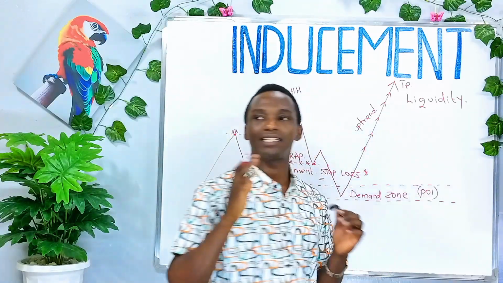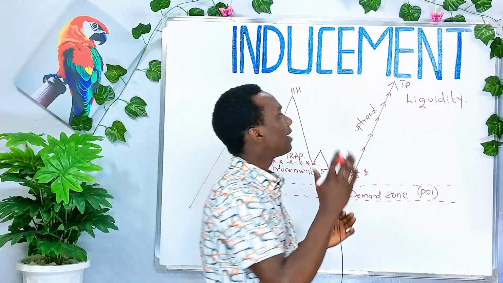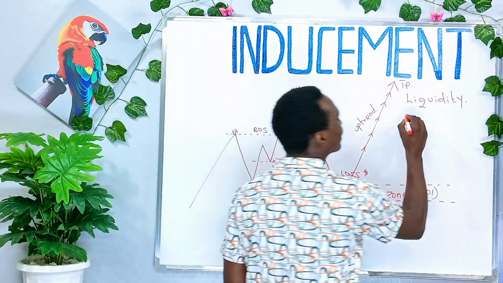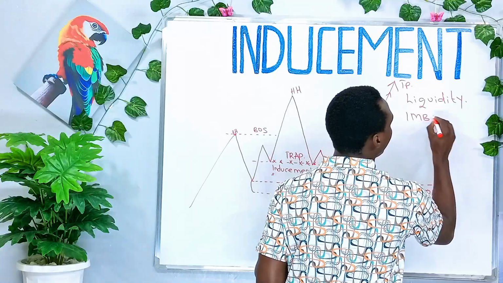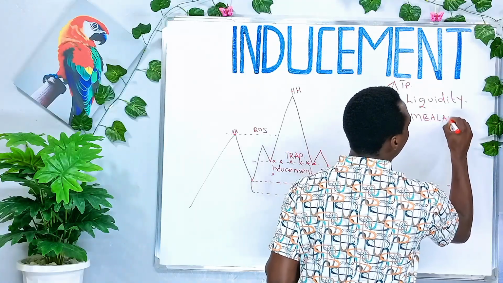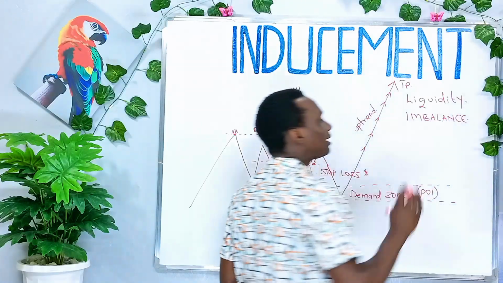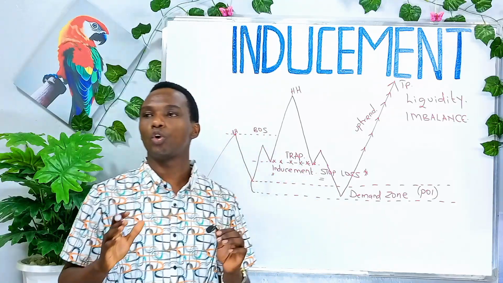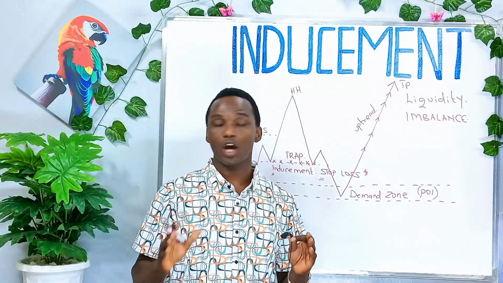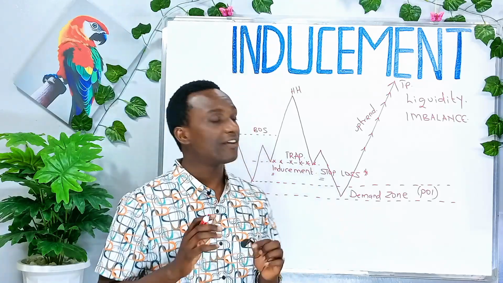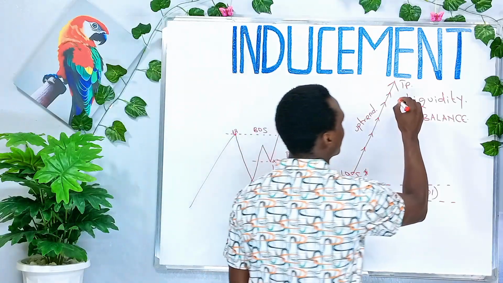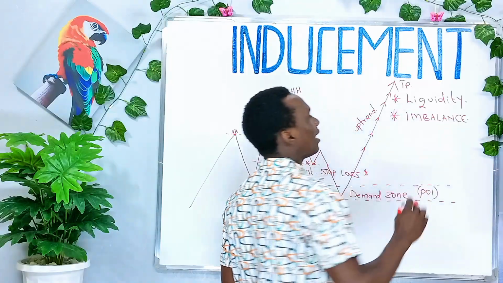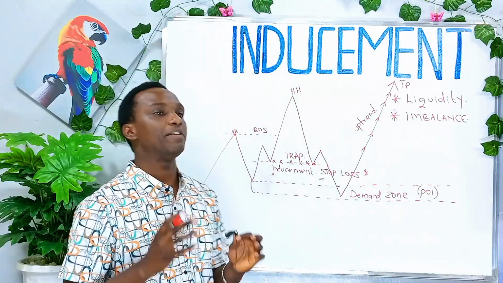Remember, we had also talked about imbalance as a topic on its own. How to know whether you have a true zone or an inducement zone really depends on these two concepts: where the liquidity is, and where there is an imbalance.